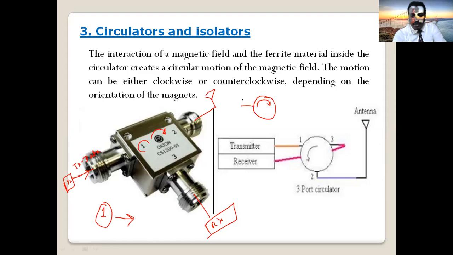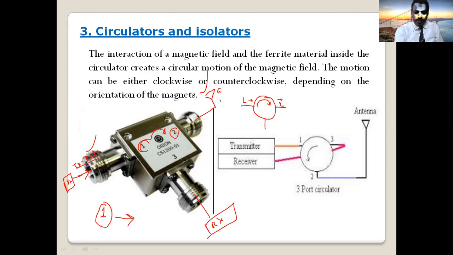If you apply a signal at port 1, it's guided to port 2 only. If you apply input here, the output will be port 2, not port 3. It will not go in the wrong direction, it will go clockwise. So if you apply transmitter data, it is not going to the receiver, it's going from port 1 to what? Port 2. What's port 2? Our antenna. So this transmitter signal is transmitted through the antenna. Transmitter signal is guided to the antenna only.